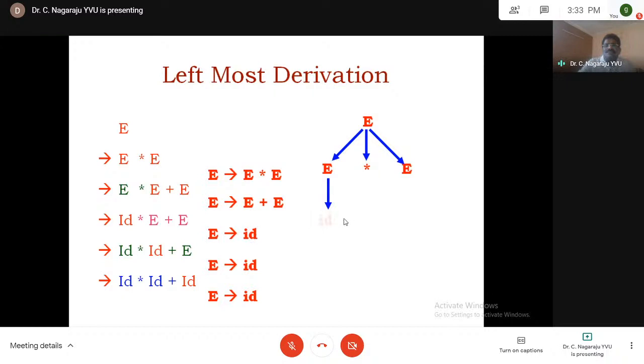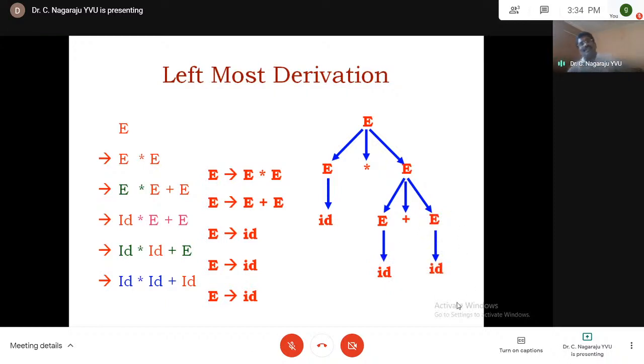You see that the leftmost is replaced with ID. After completion of this, next it comes to this place. Here it also follows E, then star, plus, then E, then ID, and then ID.